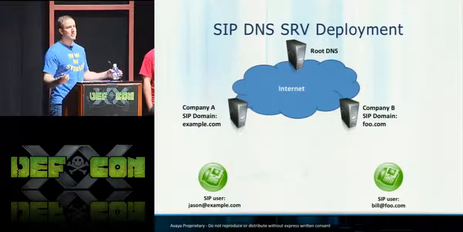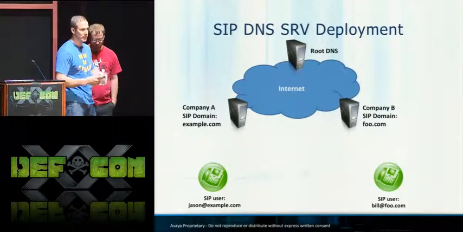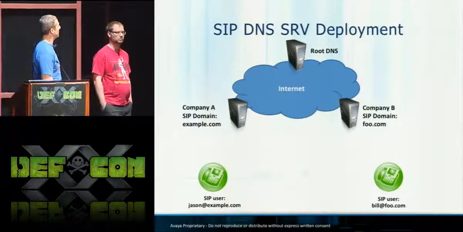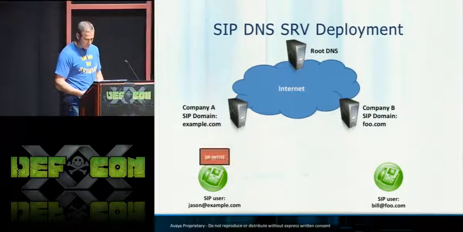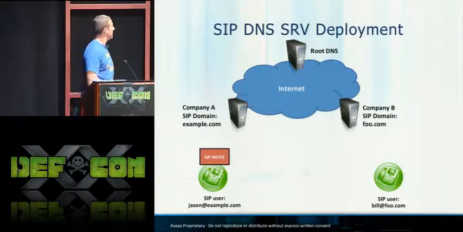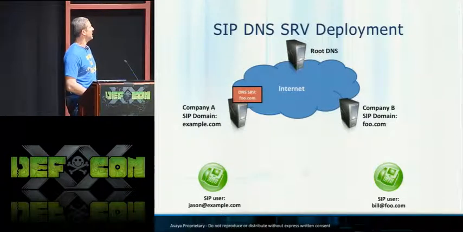So why aren't more people doing this? We started thinking of this: why are all these companies directly connecting to the carriers and not doing this method? Let's look at a sample architecture for this. Jason is connected on example.com, and his SIP service with his enterprise is connected on the edge of his network. He sends a SIP invite and does the DNS SRV lookup for foo.com, because he wants to call Bill's organization.